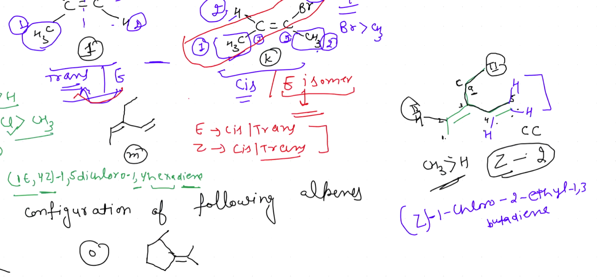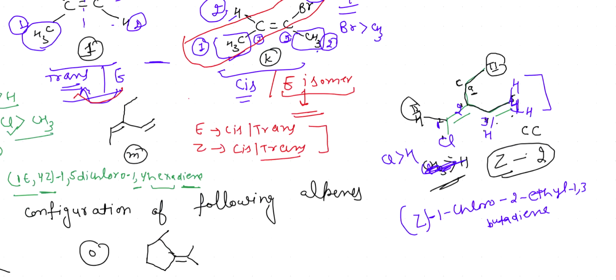So the chlorine group is present over here, and this will be named as 1-chloro-2-ethyl-1,3-butadiene. Its numbering will also change if there is chlorine instead of the methyl group: 1, 2, 3 and 4.